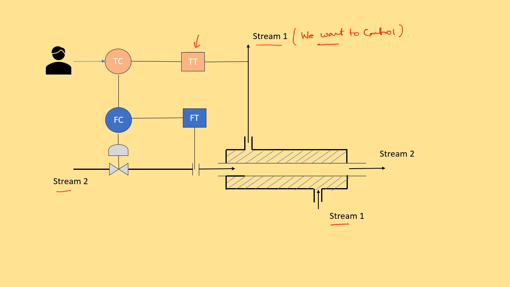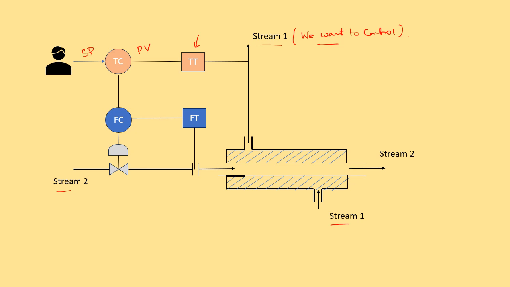Now if we use a simple feedback scheme, then what will happen? The TT will measure the temperature at the outlet of the heat exchanger for stream 1, and it will send the signal to the temperature controller, and there will be some operator who will be providing the set point to the controller.